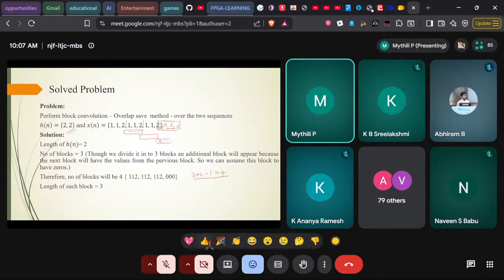And for this, you will pad 2 zeros. Sorry, not zeros, right? You're not going to pad zeros. You're going to pad the previous value. The first block you will pad zeros.